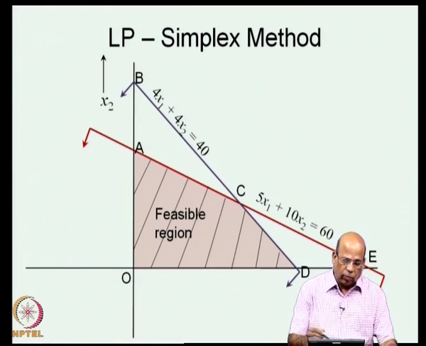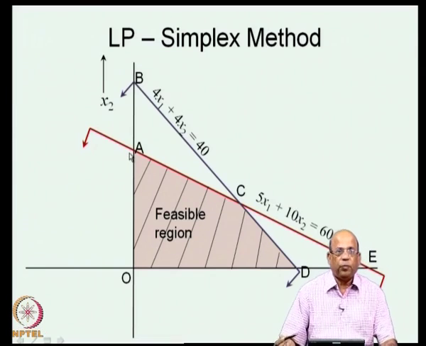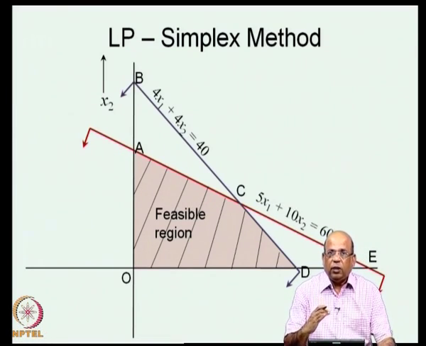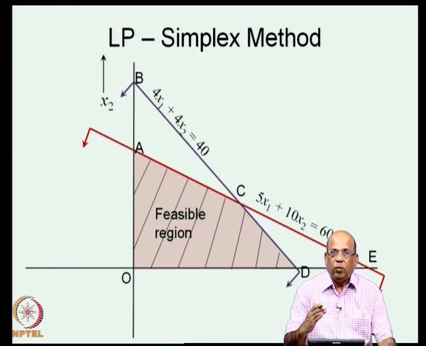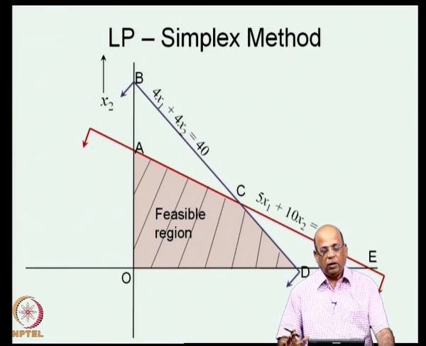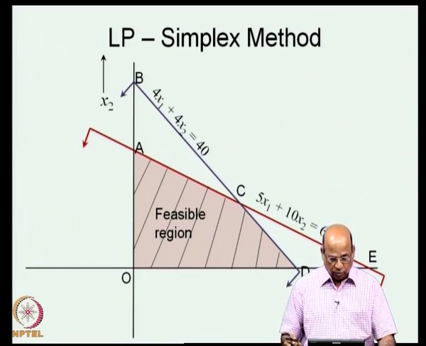And if C was not the optimal, then if you had come from D to C, you would go to A. So, the point is that starting with the initial basic feasible solution, we should move to the next basic feasible solution such that we achieve an improvement in the objective function value. Now, that is the whole basis for the algebraic solution, which is the simplex method of solution. Let us see how we do this.